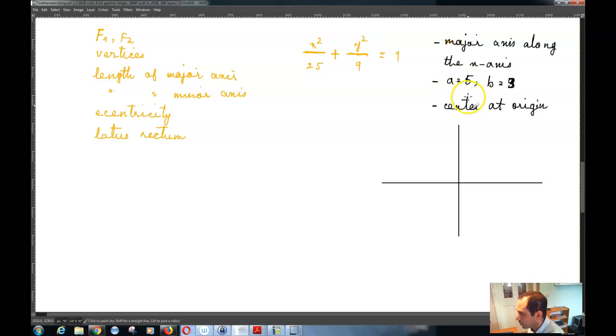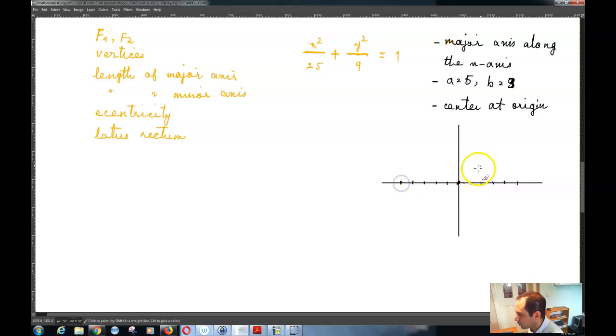Now I can draw a diagram of this ellipse. That means that a is equal to 5. So this is the center, and you have 1, 2, 3, 4, 5, and 1, 2, 3.